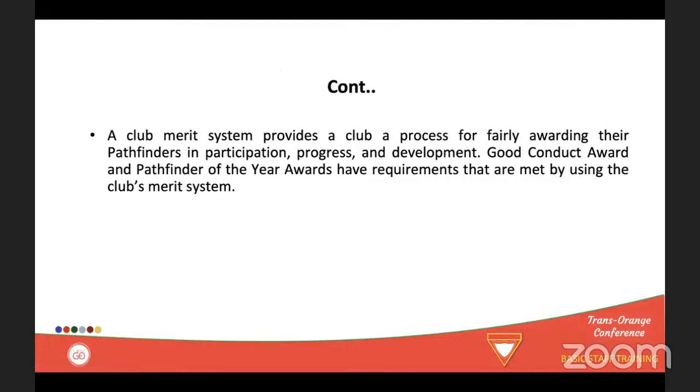A club merit system provides a club a process for fairly awarding their Pathfinders in participation, progress, and development. The Good Conduct award and Pathfinder of the Year awards have requirements that are met by using the club merit system. With the club merit system, you are recognizing the good behavior, the good things our Pathfinders are doing, commitment, doing the work on time, so that they are motivated.